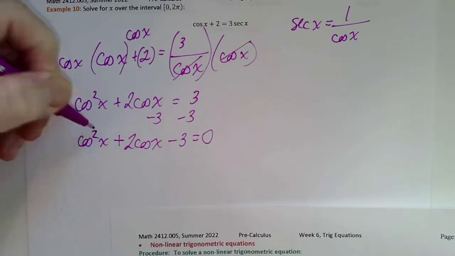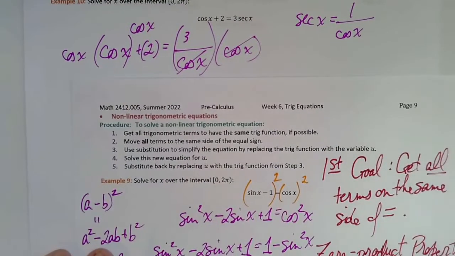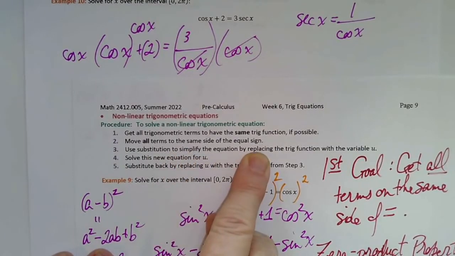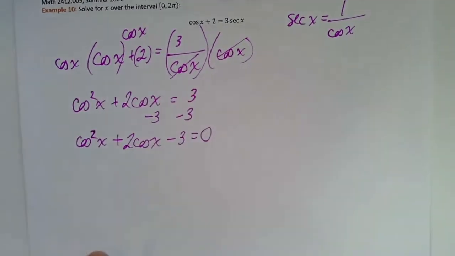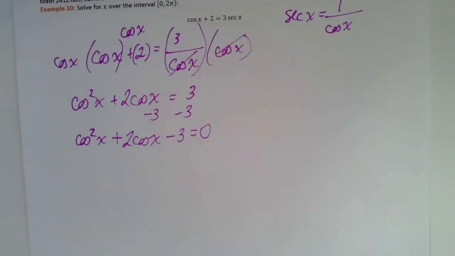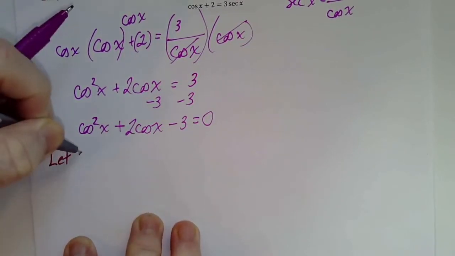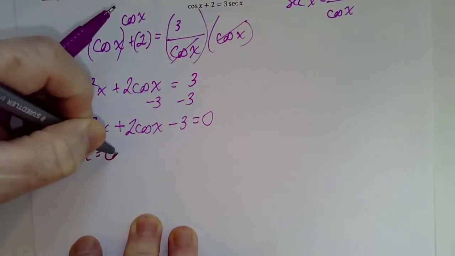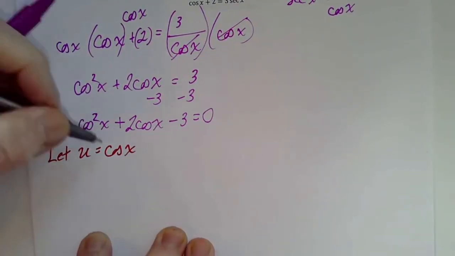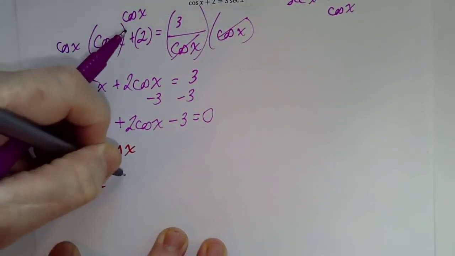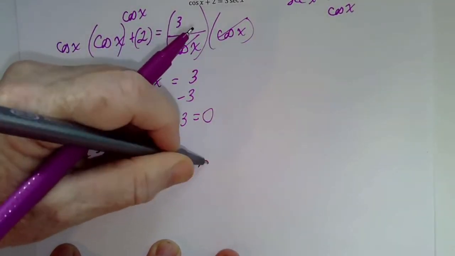Now that I have the same trig function throughout and everything on the same side, I'm going to replace the trig function with the variable u. So we're going to let u equal the cosine of x. So now we've got u squared plus 2u minus 3 equals 0.